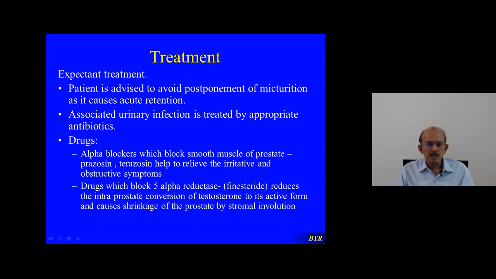So this reduces the intraprostatic conversion of testosterone to its active form and causes shrinkage of the prostate by stromal involution, because the stromal development is dependent upon the testosterone. So once you block the dihydrotestosterone, then the stromal involution takes place, causing reduction in the size of the prostate gland. These drugs improve the flow rates and long-term results are awaited.